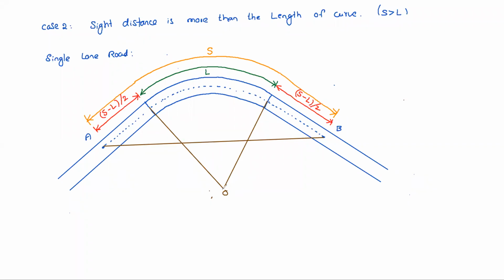This is point O. From O up to this one, it is R. Now setback is, so this is the setback. Red line is the setback distance.